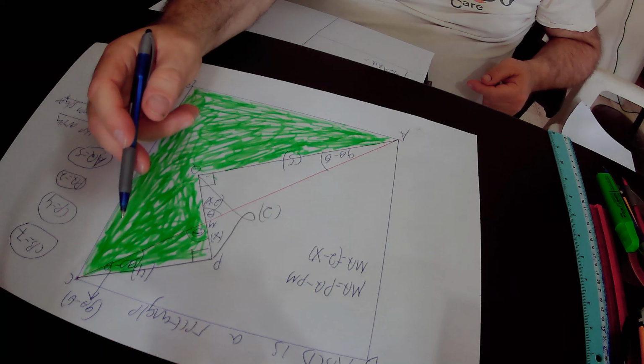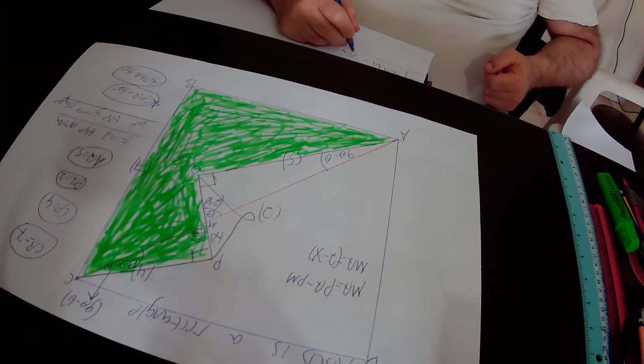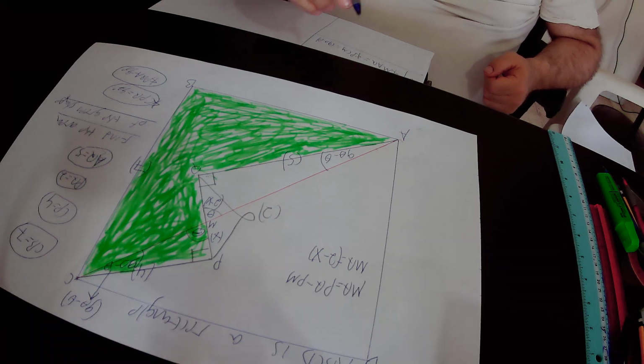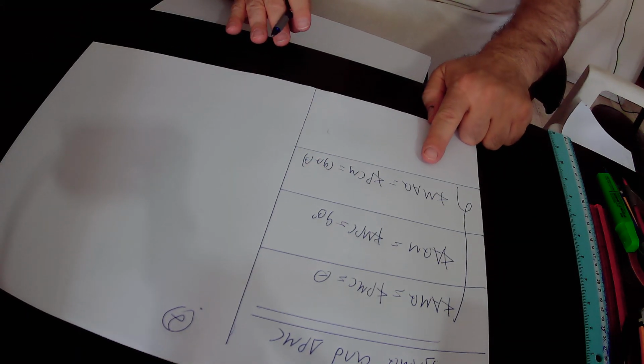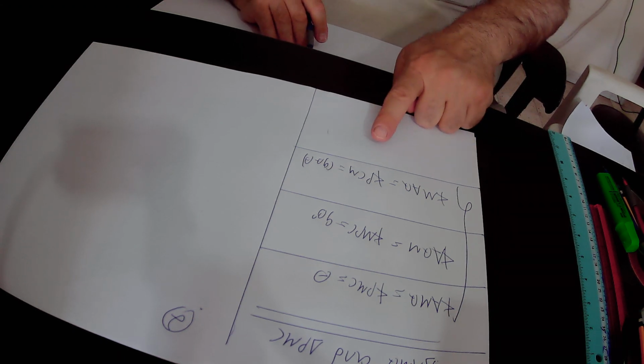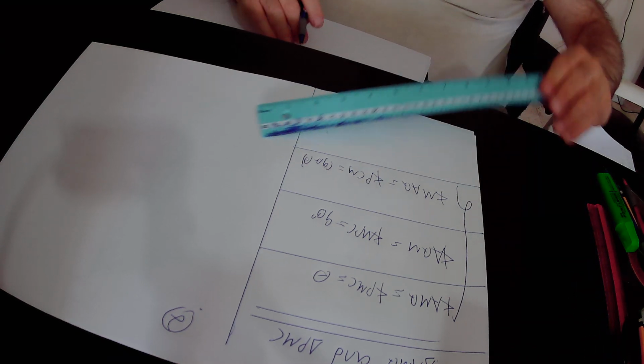This is actually angle PCM in the right triangle PMC. Repeat again. Angle MAQ in the right triangle AMQ equals angle PCM in the right triangle PMC. They are both equal to 90 degrees minus theta, therefore they are equal to each other.